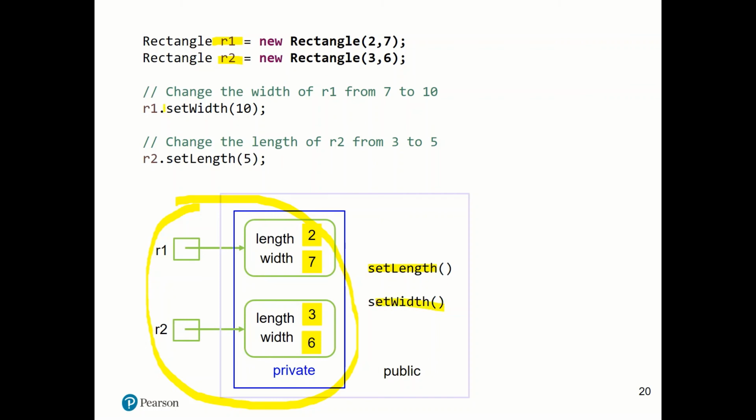So if we write setWidth with 10, this means that the width of r1 will be changed to 10. So the 7 will be changed to 10. And r2.setLength(5) means that the length of r2 will be changed to 5. So 3 will be changed to 5, like this.